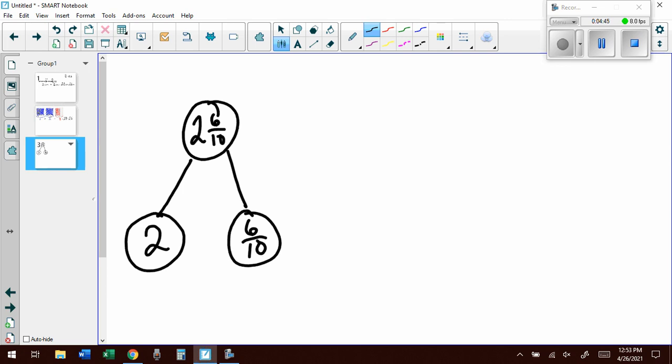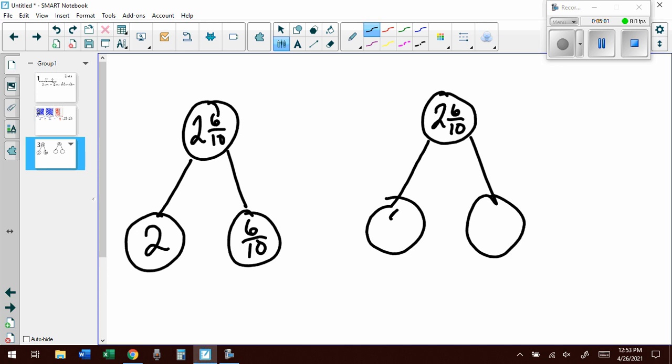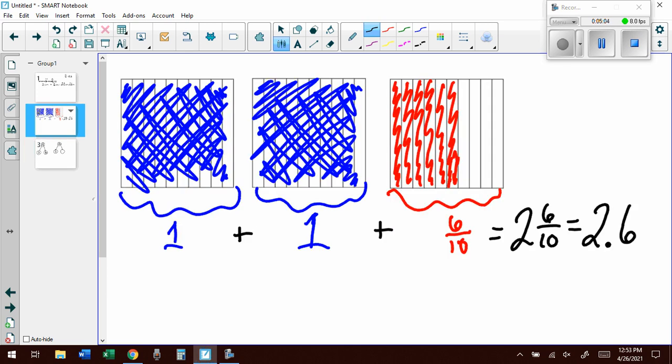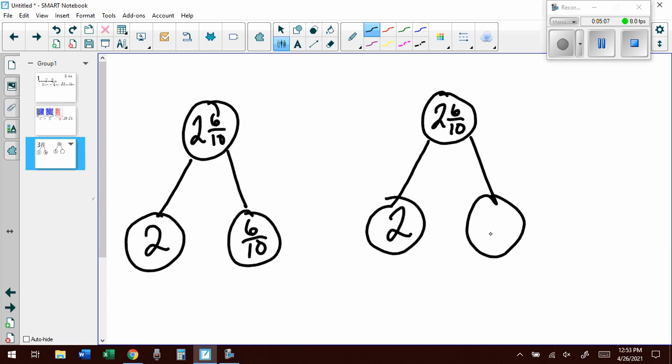And keeping in mind that decimals are either tenths or hundredths, if I had 2 and 6 tenths and I needed to make it into decimal form, I would have 2 whole pieces still, and I would have 6/10. So here I would have 2 and 6/10, and saying the exact same here, 2 and 6/10. They are equivalent. All right, have fun.